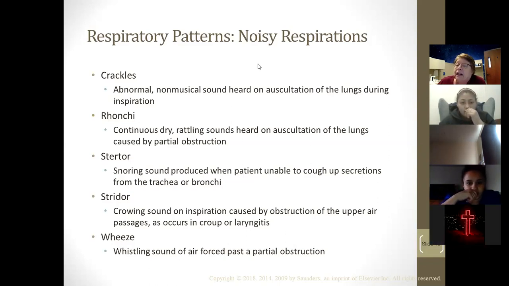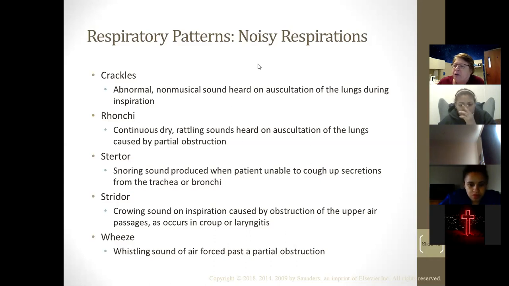Rhonchi is the dry, rattly sound you hear when somebody's really congested. It's in the bronchial tubes. Stertor is snoring sounds produced when they're unable to cough up secretions from the trachea or bronchi. It's an intake. Stridor is where you hear that crowing sound.